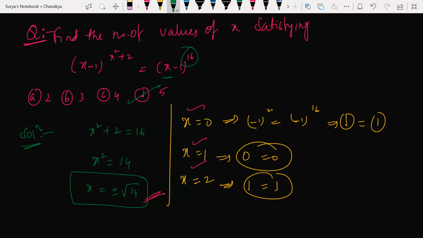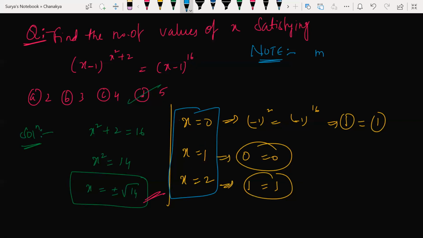Sir, I have a doubt here. Sir, how did you get to know that these 3 values are possible for this? But you might have learned, this is what is called a JEE shortcut. All right. Whenever you have, everyone take a note here.